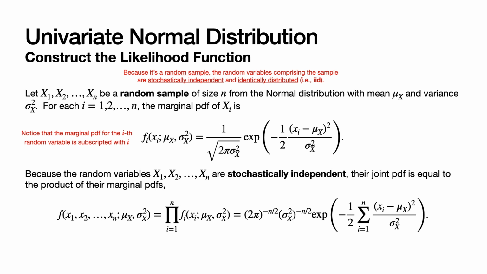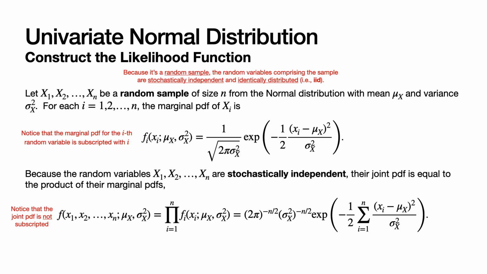The joint PDF is denoted by lowercase f, which you'll notice is not subscripted. So we're using lowercase f for the joint PDF, and we're also using lowercase f for the marginal PDFs. But in order to distinguish between the joint PDF and the individual marginal PDFs, we've subscripted the marginals with i.